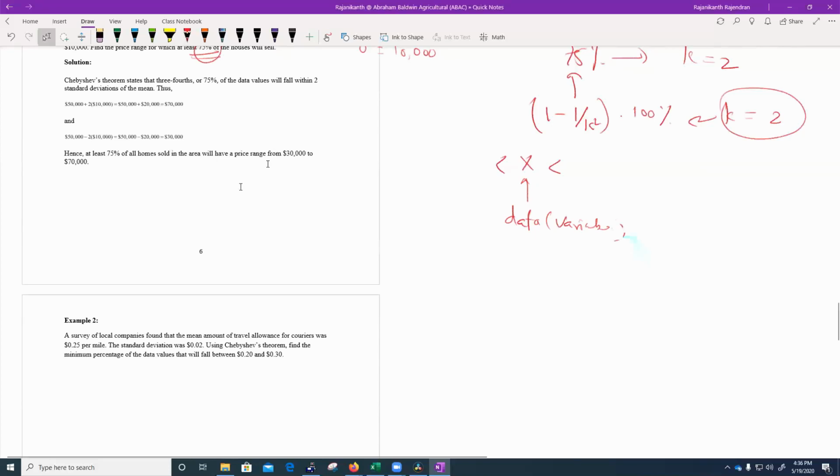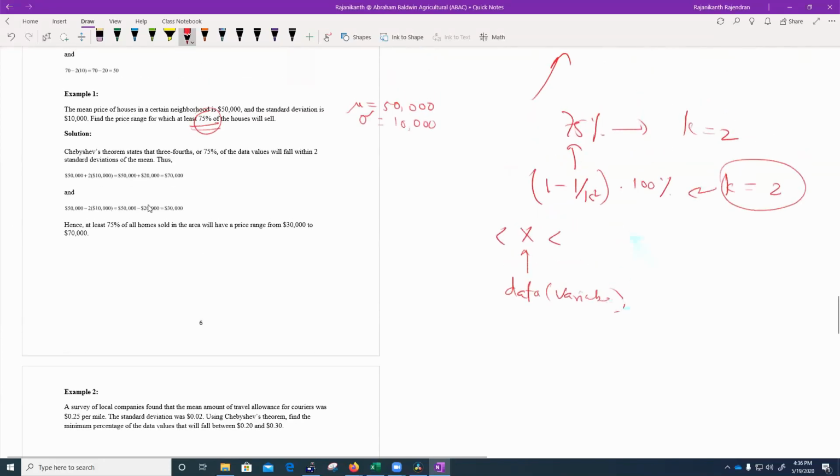In this problem, what is my x? In this example, my x is the price of the house. That is my data value. So x is here the price of the house. Now we need to find the range of the price of the house. That's our task. So you need to find these two numbers.